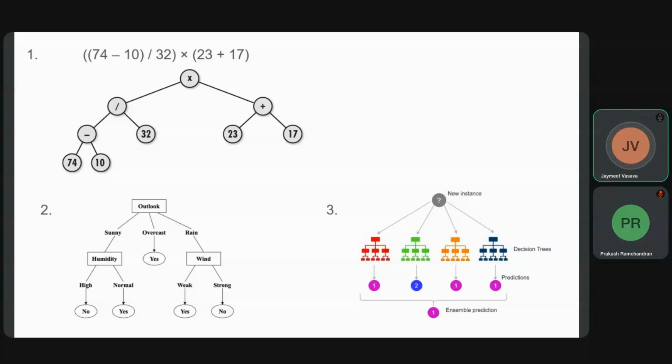Then the third one contains a number of decision trees combined, and the predictions or results given by those trees are combined, and on average, the best result is taken as the result for the whole collection of trees, or random forest.